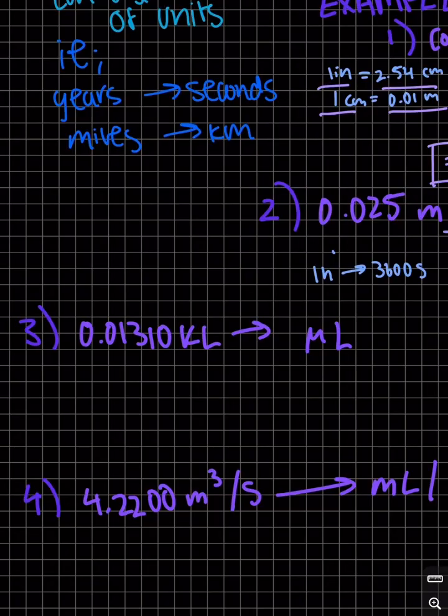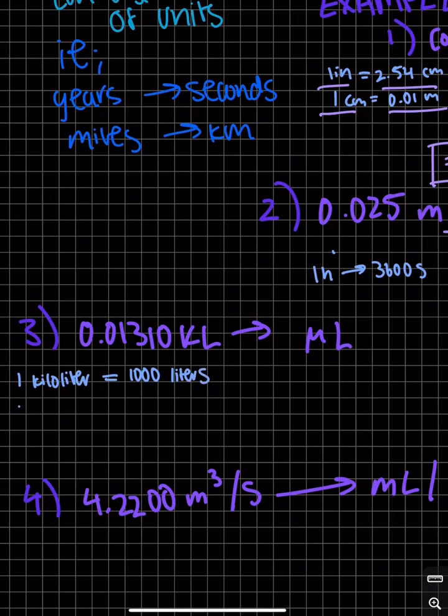Basically, how to solve this one is I'm still going to write my conversion. I could go from kiloliters, so 1 kiloliter, and I have my conversion sheet right in front of me, so I'm reading off of this, equals 1,000 liters. A kiloliter is big.